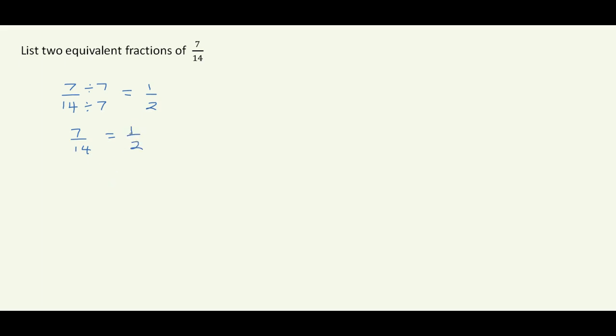So we can also multiply 1/2 by 3, numerator and denominator by 3, so we have 3 over 6. So we can see also that 7 over 14 is equal to 1/2, which is equal to 3 over 6.